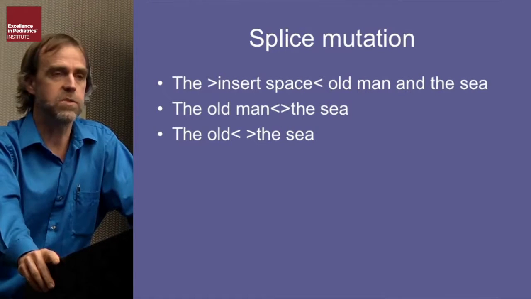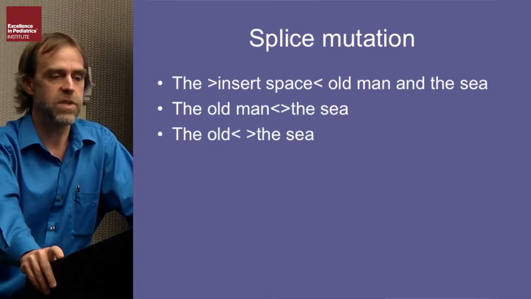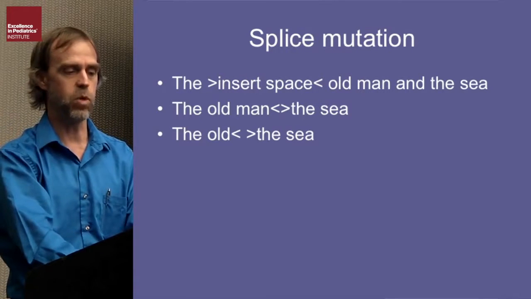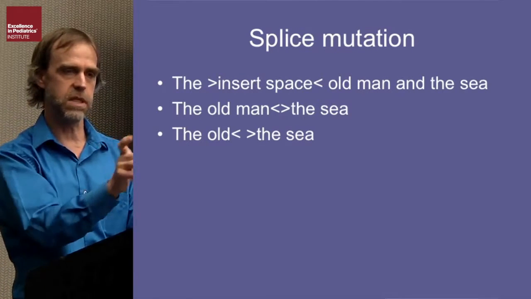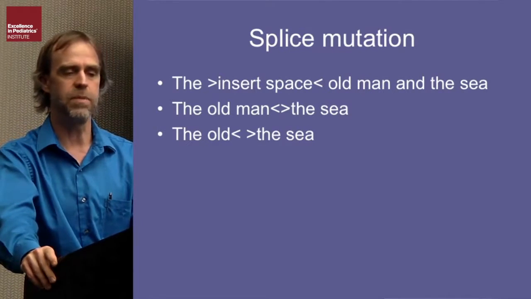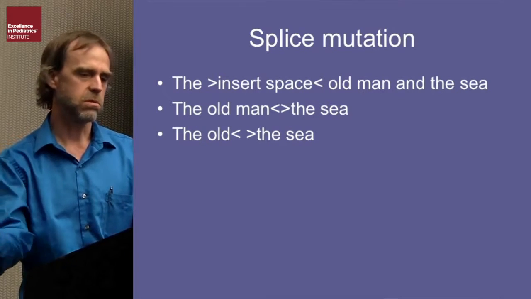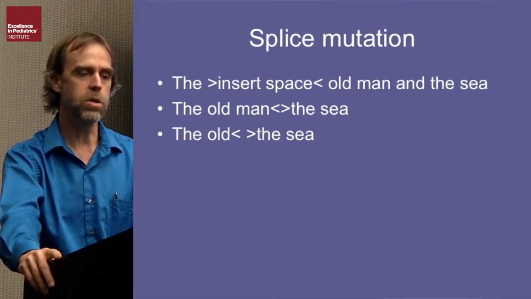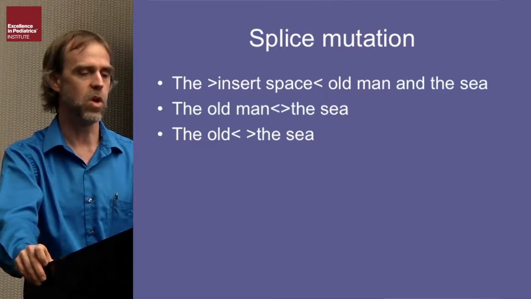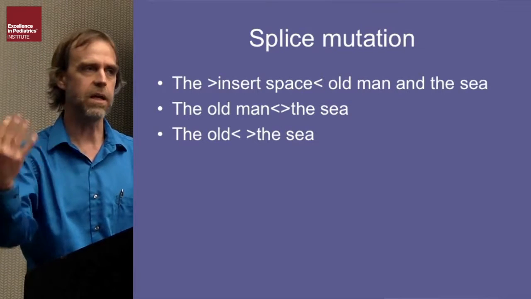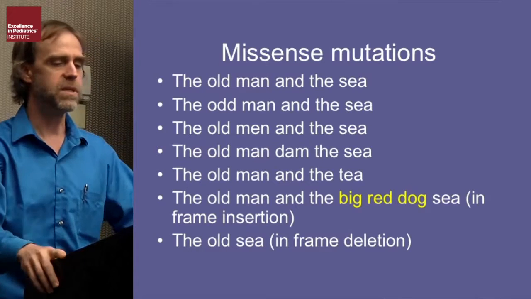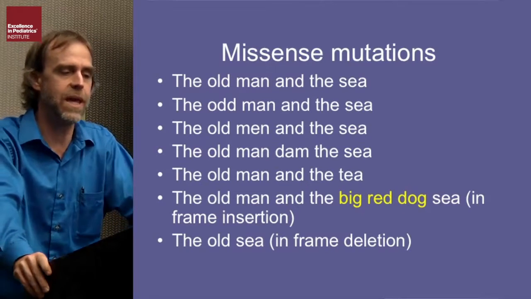So if you get a splice site mutation, instead of saying the old man in the sea, some of the material in the instructions might be inserted, as in, the insert space here, old man and the sea, which changes the meaning, or you could be missing things: the old man, the sea, or the old, the sea, and that again changes the meaning of the terms.